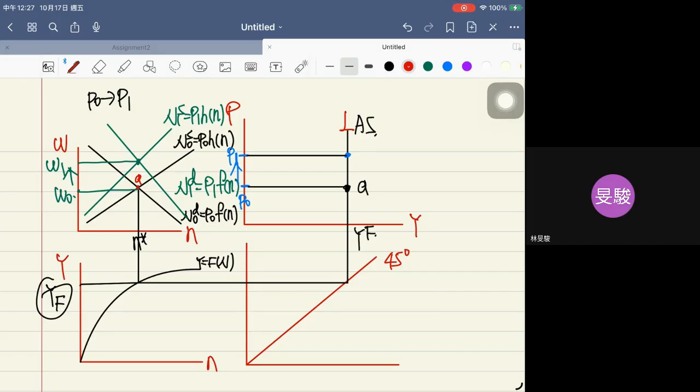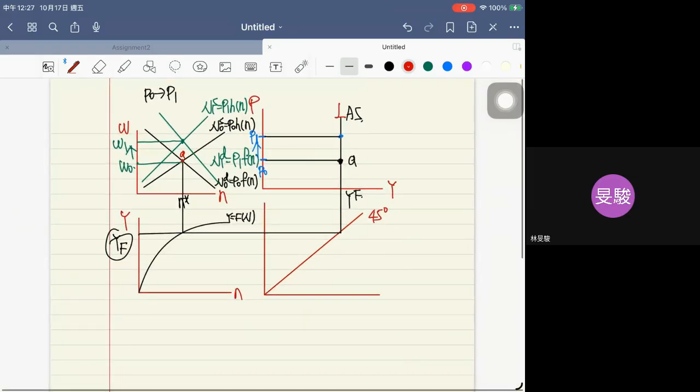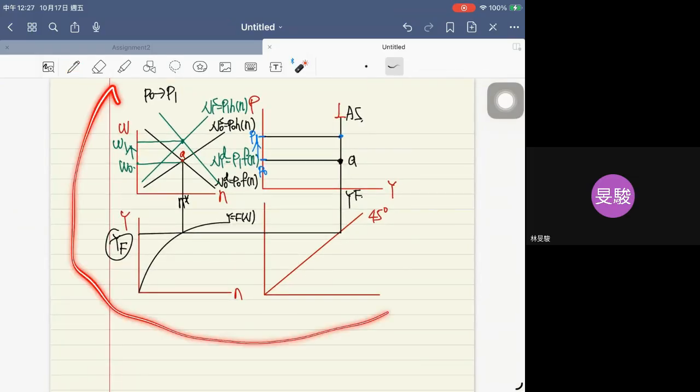The LAS curve reflects the fact that in the long run, the price level doesn't affect the level of output, since nominal wages are fully flexible and adjust to changes in the price level. Employment and output stay the same even when prices change.